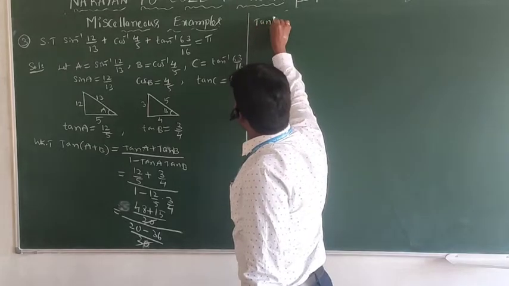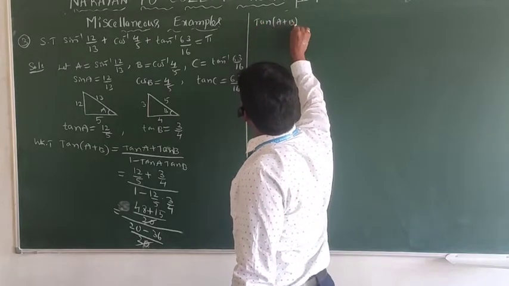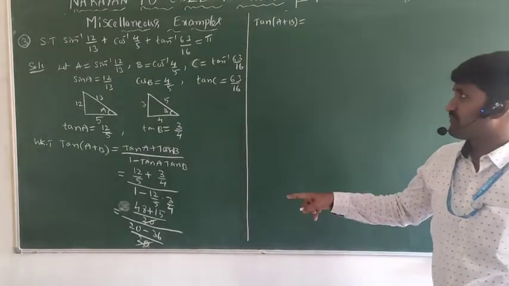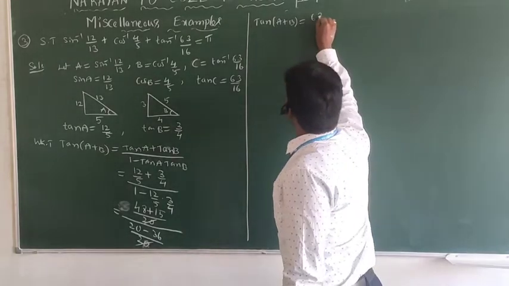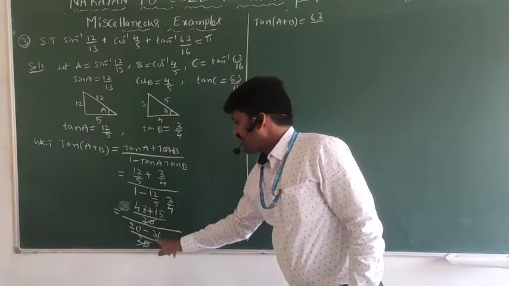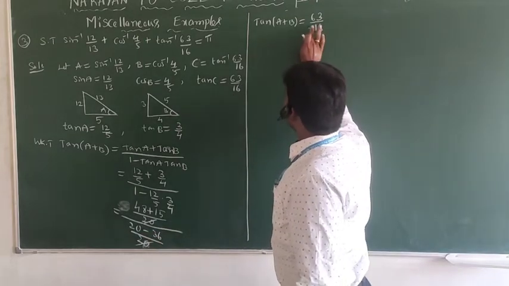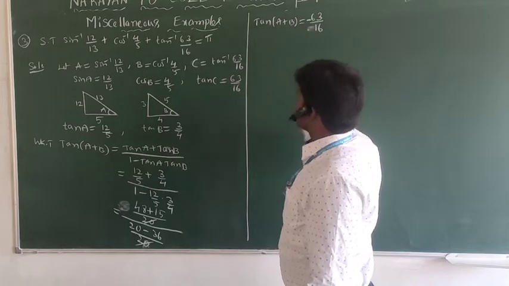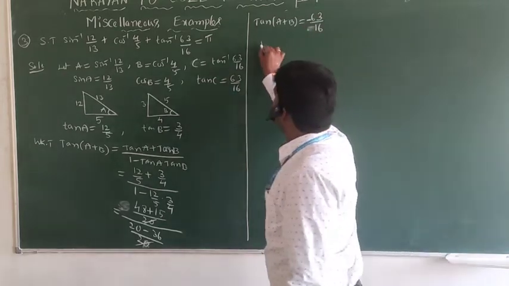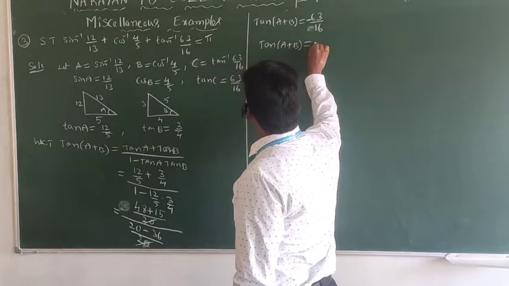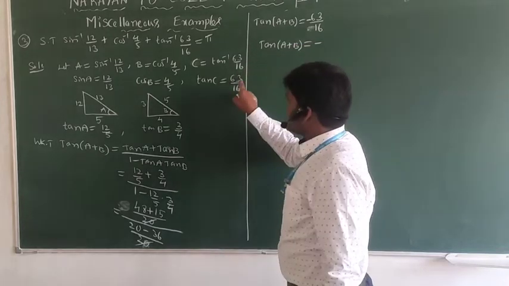Tan of A plus B equal to, what is the numerator? 48 plus 15 means 63, by 20 minus 36, clearly minus 16. Now minus 63 by 16. Now tan of A plus B equal to minus 63 by 16.